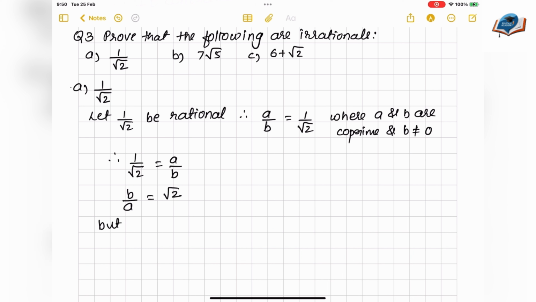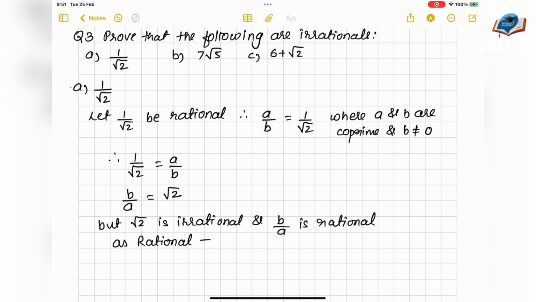But root 2 is irrational and B upon A is rational. As rational can't be equal to irrational, thus it contradicts. Therefore, 1 upon root 2 is irrational.